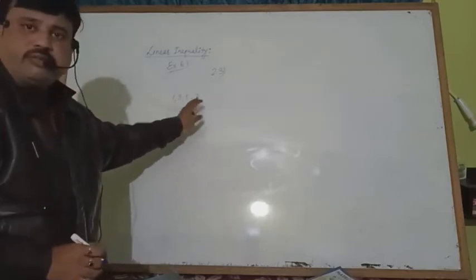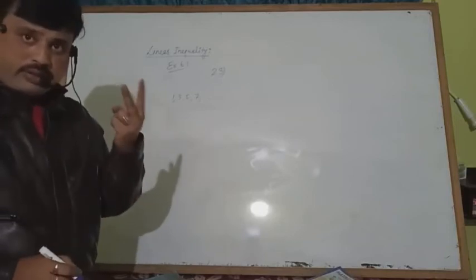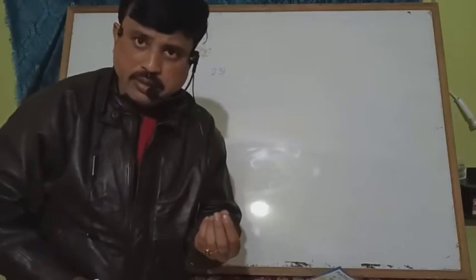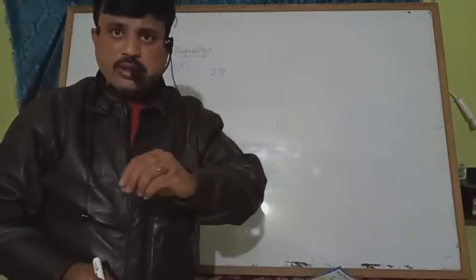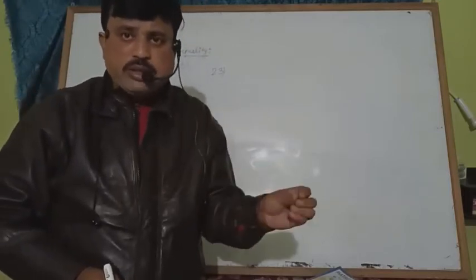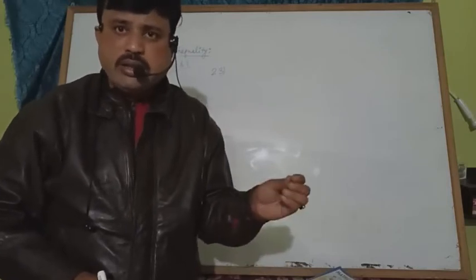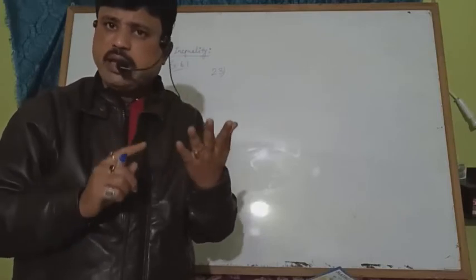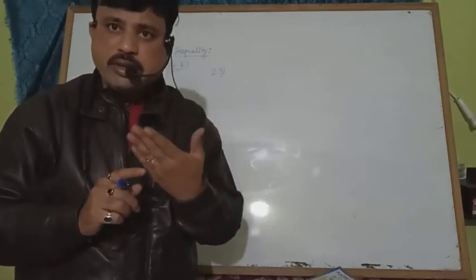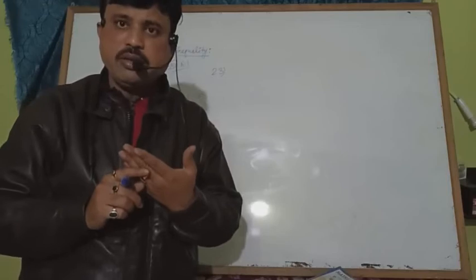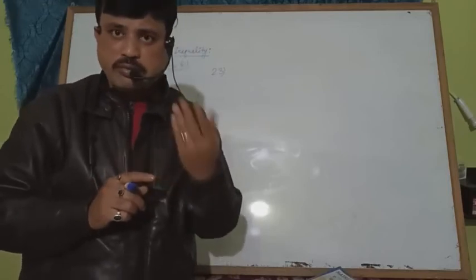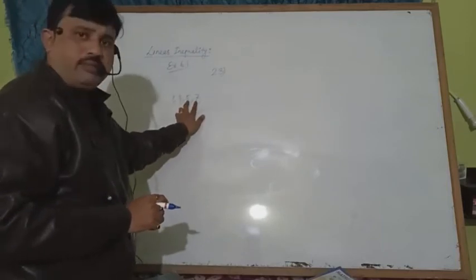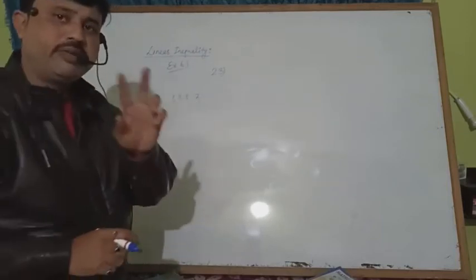Between 5 and 7, the difference is 2. If I say consecutive numbers or consecutive integers only, without mentioning odd or even, then the difference will be 1, like 1, 2, 3, 4. But if I say consecutive odd numbers, then it will be 5 and 7, with a difference of 2.